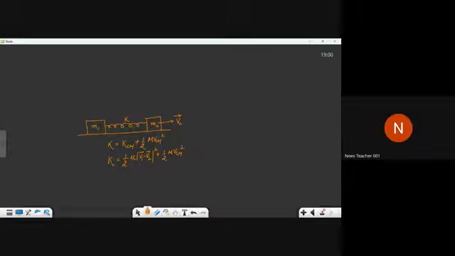So if I have to maximize elastic potential energy, it goes without saying we'll have to minimize kinetic energy. Agreed? Because the energy of the system will remain conserved. So we need to minimize kinetic energy.